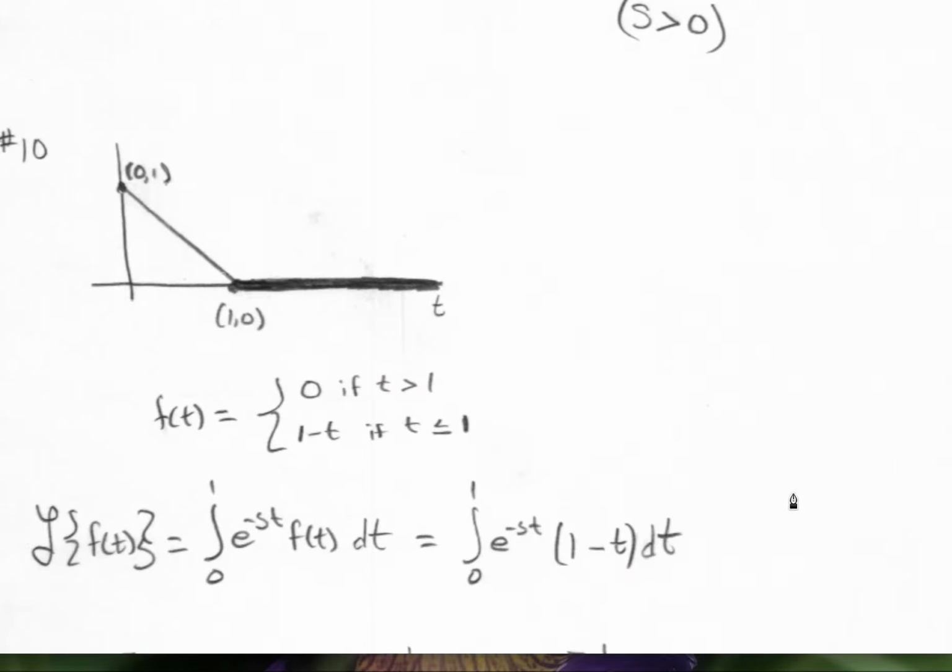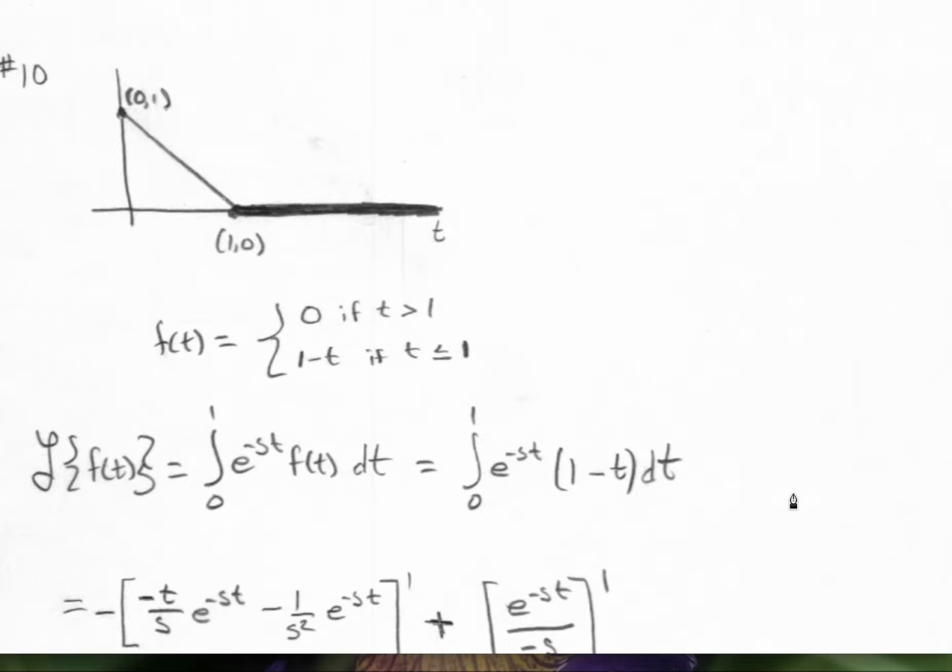Okay, let's look at number 10. Same idea, except our function in number 10 is a little more complicated than it was in number 7. In number 10, we are faced with this line from input 0, output 1, to the point 1 comma 0, so this line going down, which is 1 minus t.